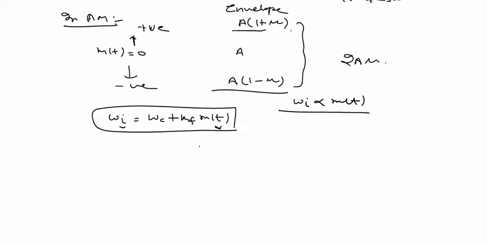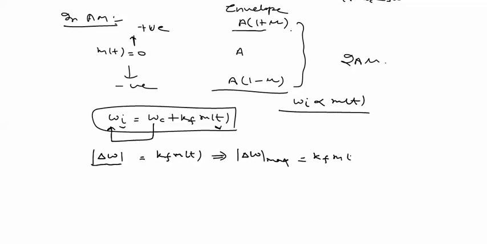Now we can calculate the frequency variation for any instant: kf m(t). This frequency variation is always measured in terms of its maximum value, because it is not a constant term. Frequency deviation is an important parameter for angle modulation or frequency modulation.